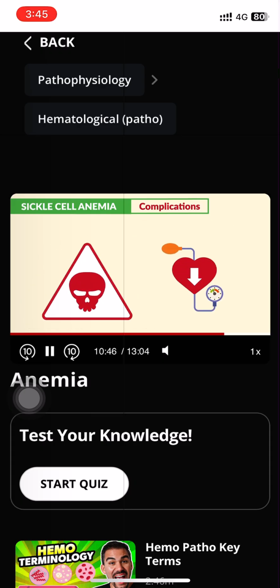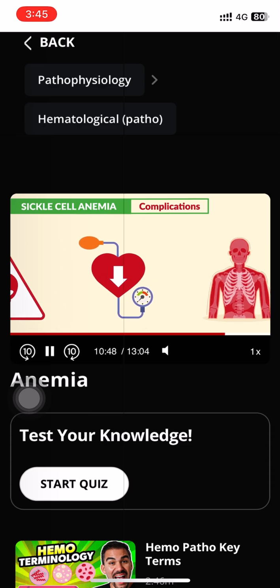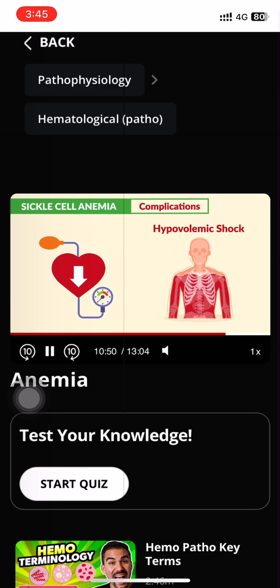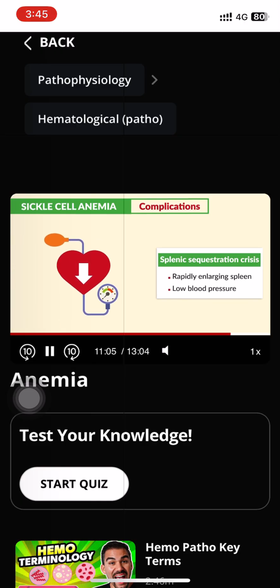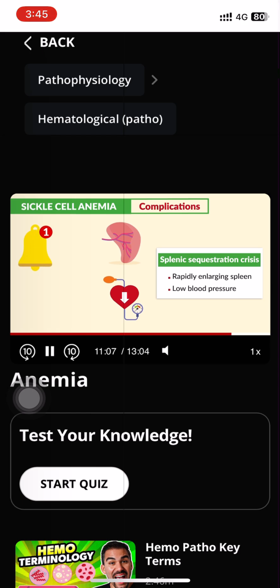It can lead to deadly low blood pressure and is associated with hypovolemic shock, that severely low blood pressure. So on physical exam, one will find a rapidly enlarged spleen. So remember, think of a big old mega spleen with splenomegaly and low blood pressure. So these two key signs you must report to the HCP immediately.